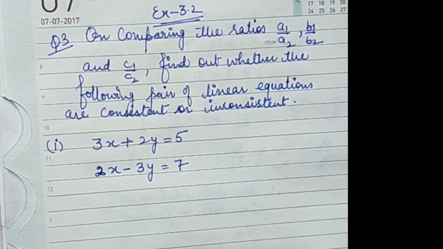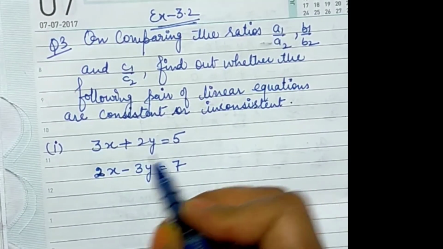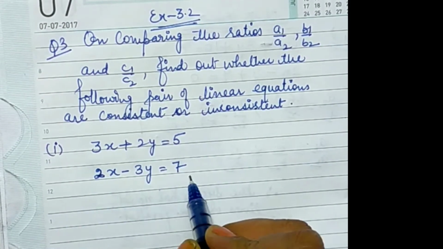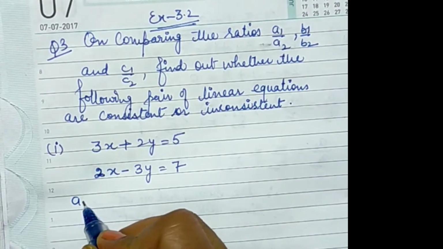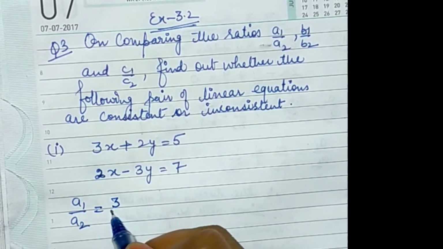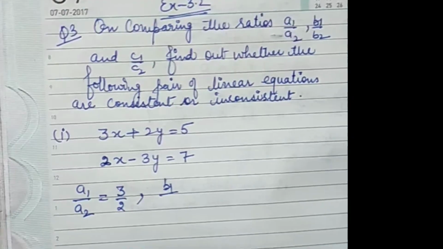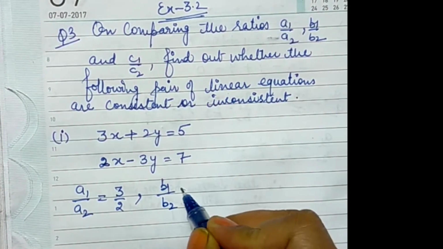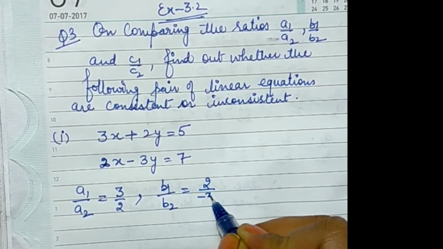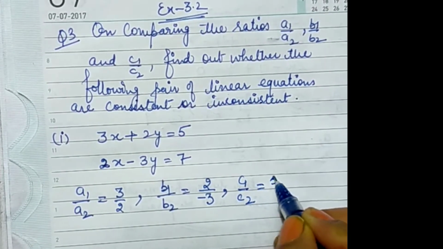So let's check the first part. 3x plus 2y equals 5, 2x minus 3y is equal to 7. So a1 over a2 is 3 by 2, b1 over b2 is 2 by minus 3, and c1 over c2 is 5 by 7.